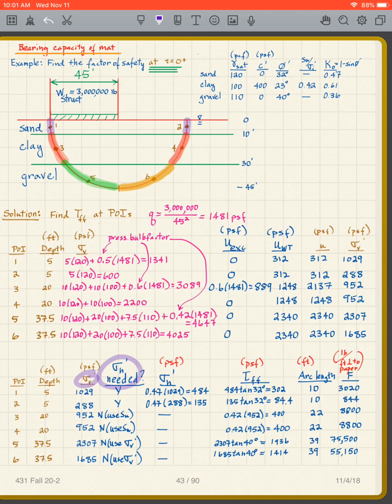Do I need my sigma H prime? Well, yes, I do for 1 and 2 because I have nearly vertical failure surface, and for 3 and 4, they're also vertical, but we're going to use our SU in that region, so we don't really need it.